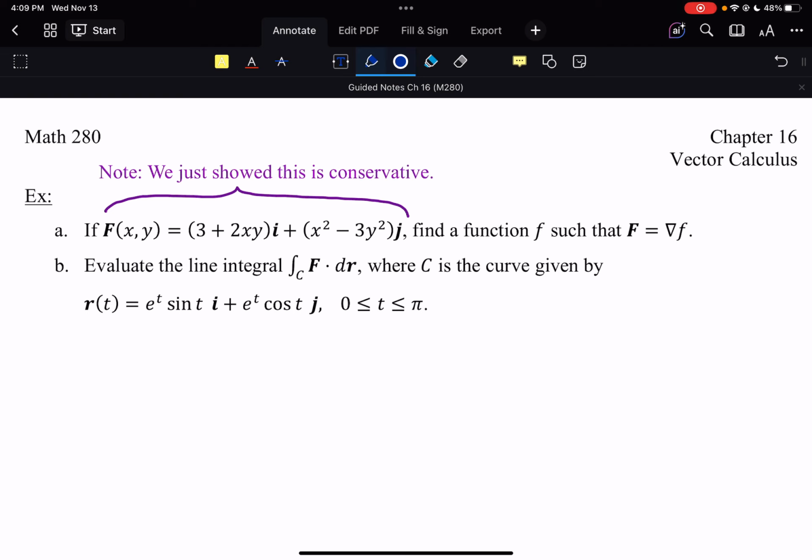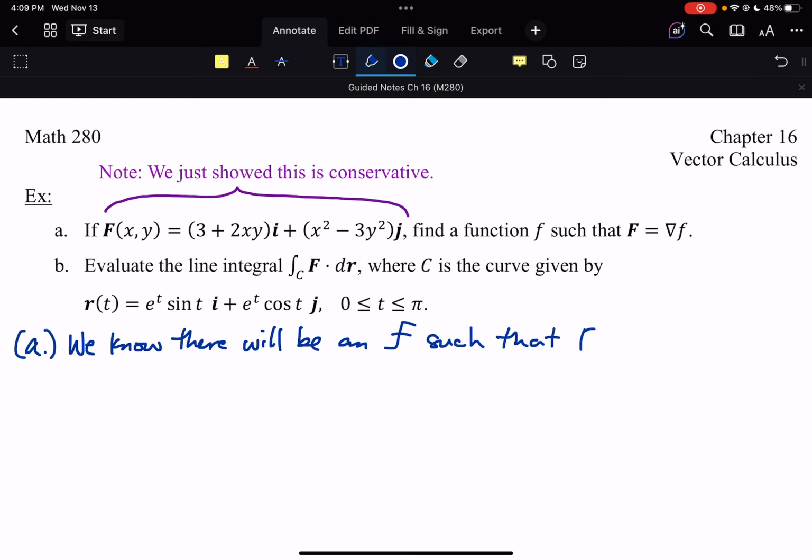Note, we just showed that this is conservative. This is the exact same one in the problem we just did. So we know that there will be some function little f such that the vector field is the gradient of little f.